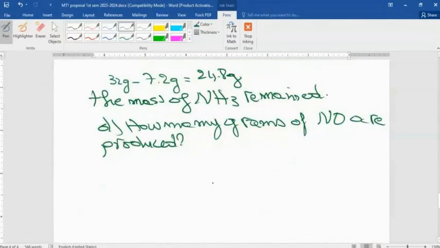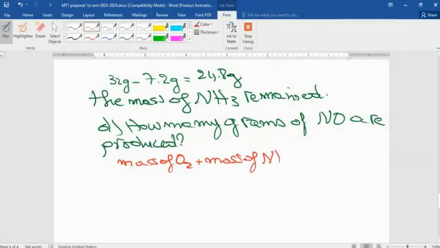So what does the law of conservation of mass mean? It means the mass of the products will be equal to the mass of the reactants. Here, mass of O2 gas plus mass of NH3 will be equal to mass of nitrogen monoxide plus mass of water.